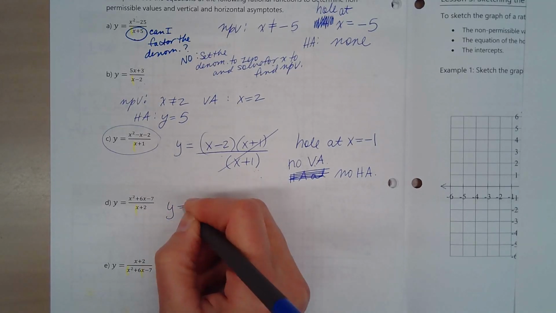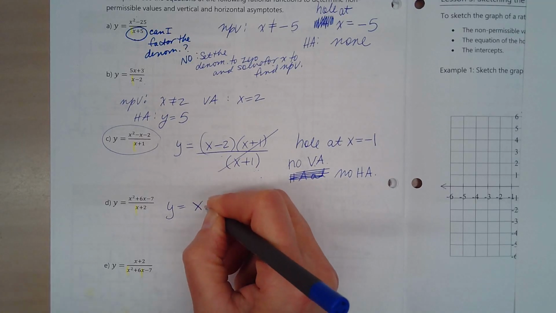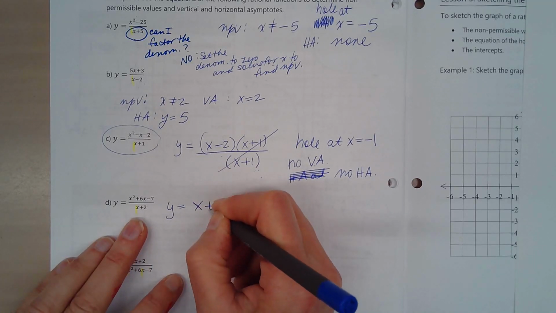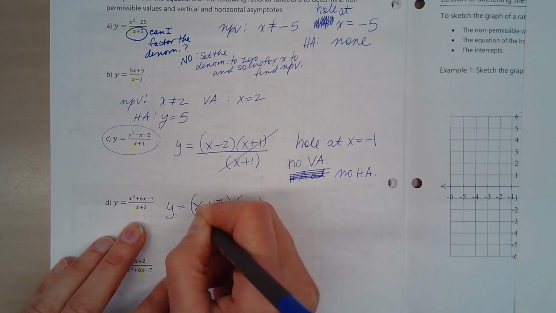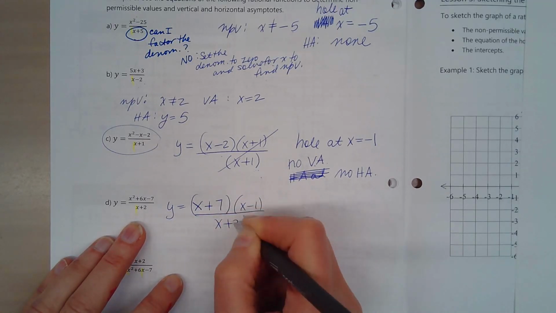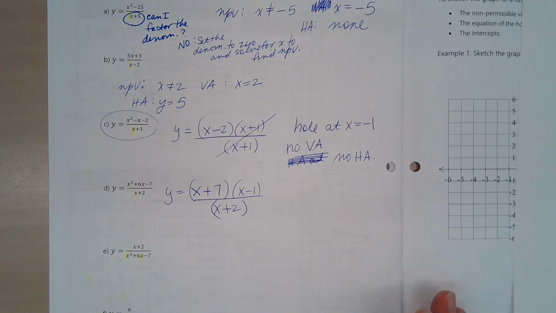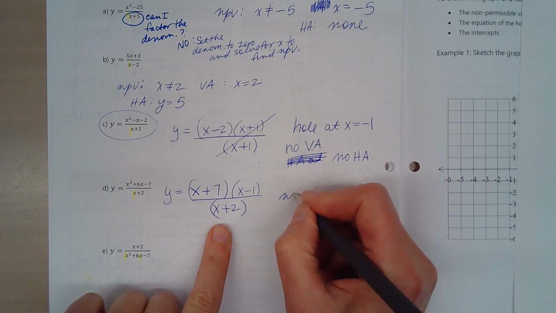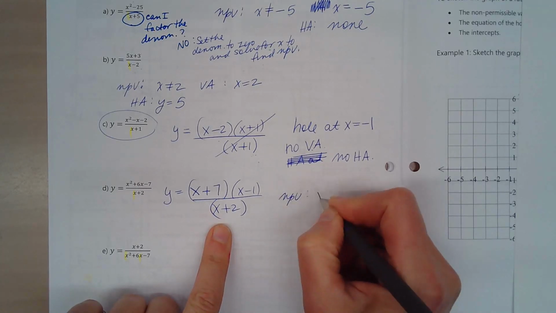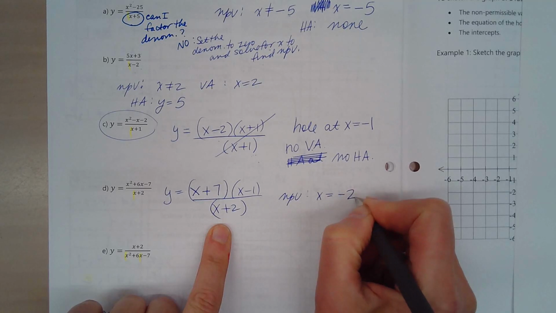All right, let's factor the next one. Plus 7 minus 1. Okay. Does the denominator cancel out? No. So that must mean that, well, first of all, my non-permissible value is x equals negative 2.